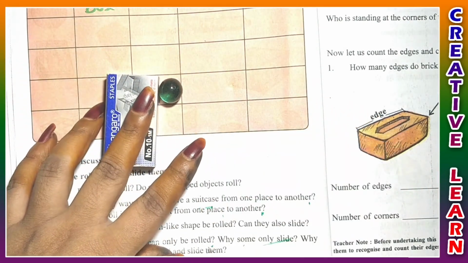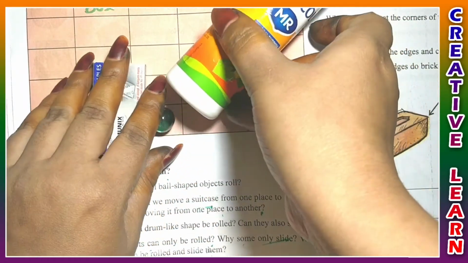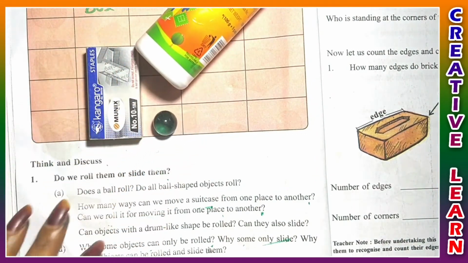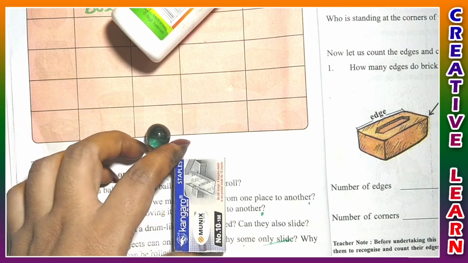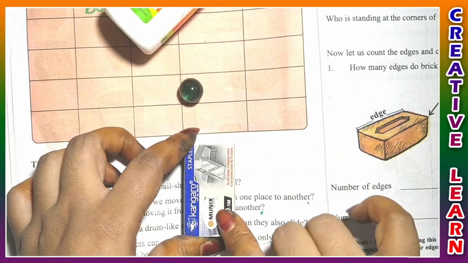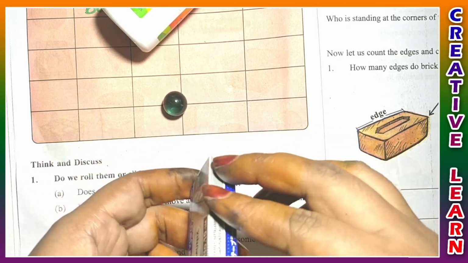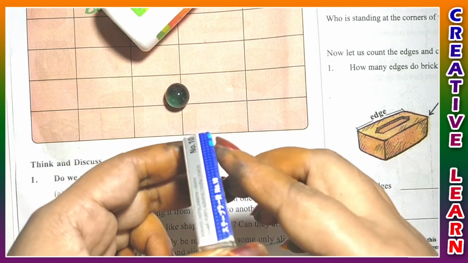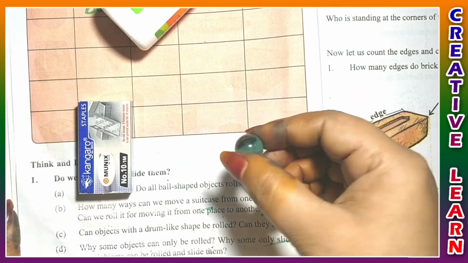And coming to the cylinder shape objects, this one roll and also slide at the same time. What is the difference? Why they are moving like this? Means the reason is here. This one have only flat surface. Wherever you see, this one all flat surface. And this one totally it has curved surface.